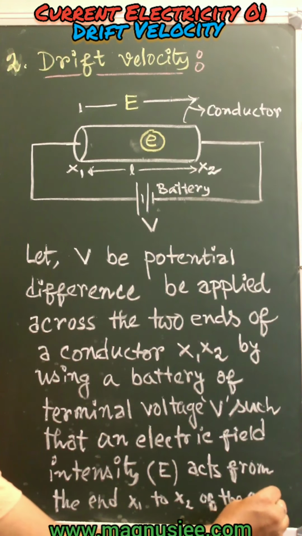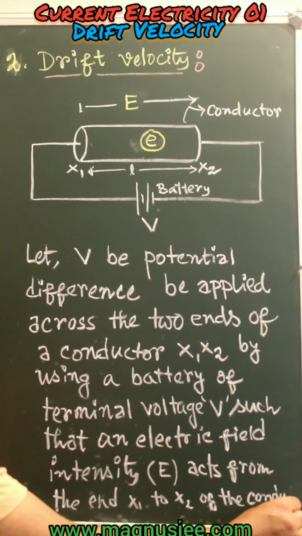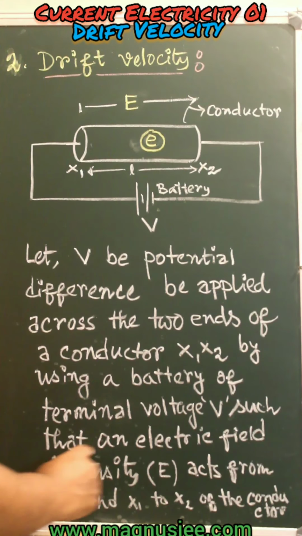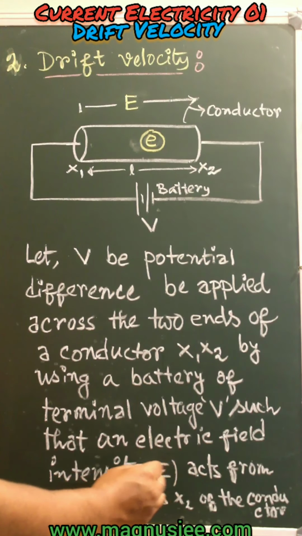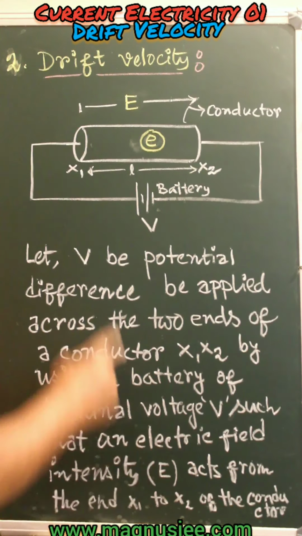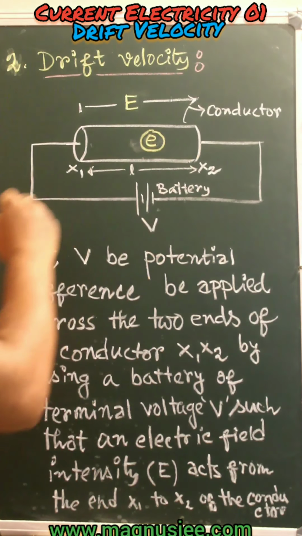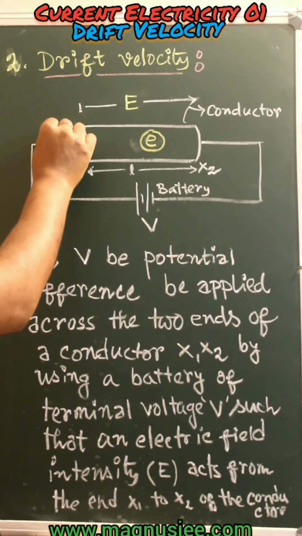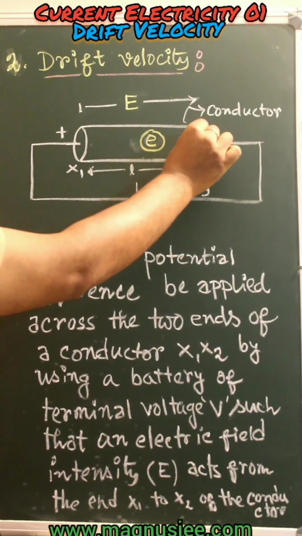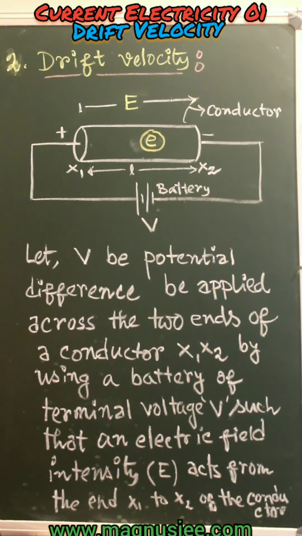Field intensity Ex from positive end X1 to negative end X2 acts from the end X1 to X2, and X1 is the positive end and X2 is the negative end of the conductor.